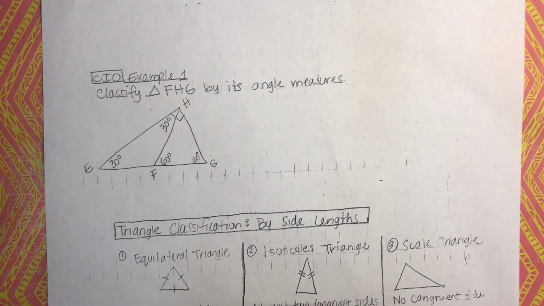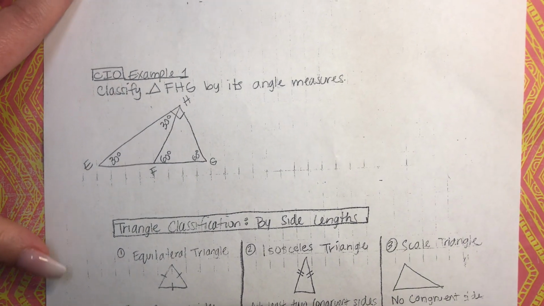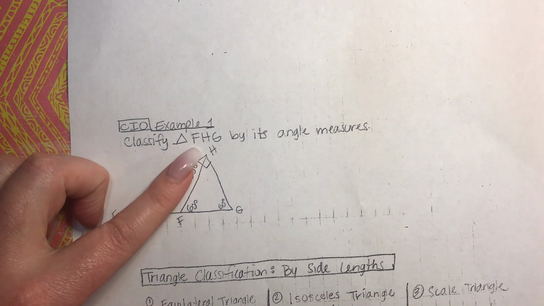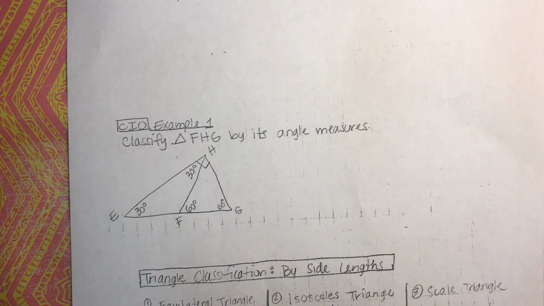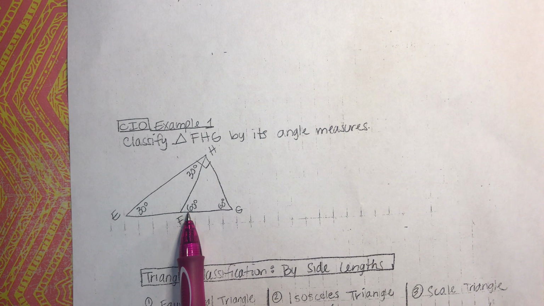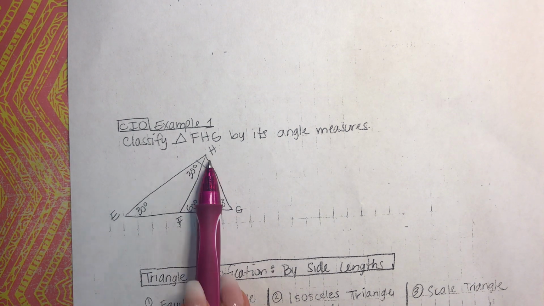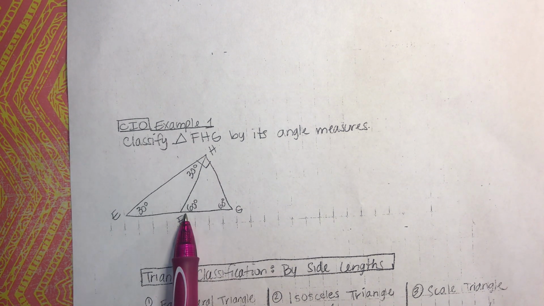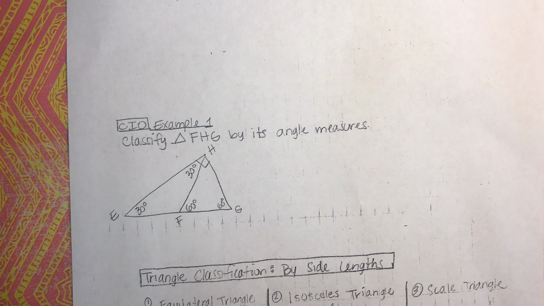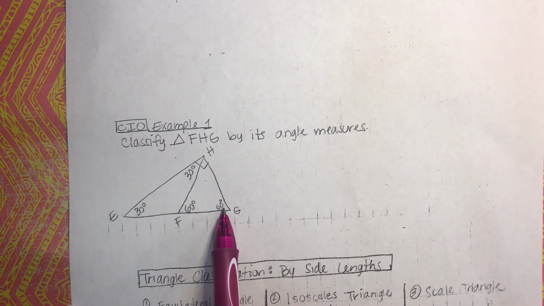Okay, now the next one. I want you to go ahead and classify FHG. We have F being 60, we have G being 60, and we have H being this. Go ahead and try to figure out what kind of triangle this is. What do you think? Okay, so if this is 60, this is 60.